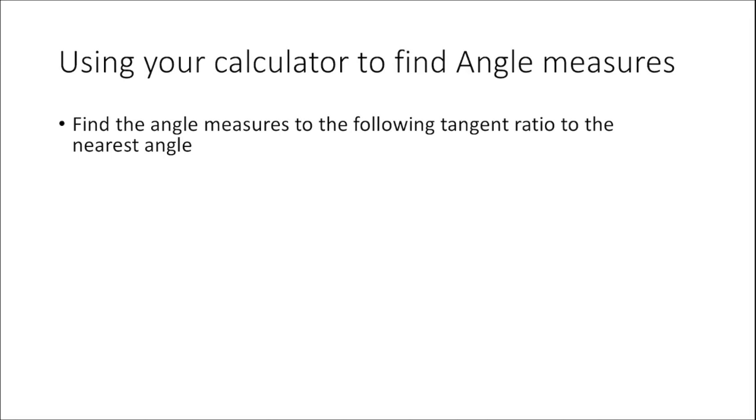So if the ratios are set based on the angle, then I can find the angle if I have the ratios. Find the angle measure to the following tangent ratio to the nearest degree.